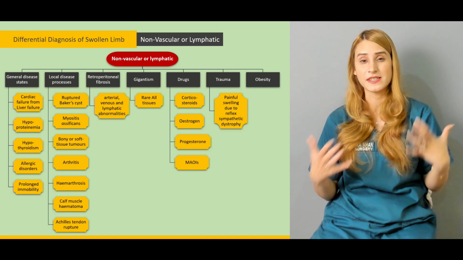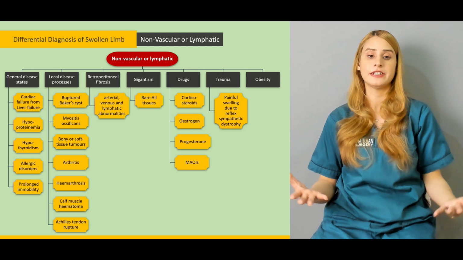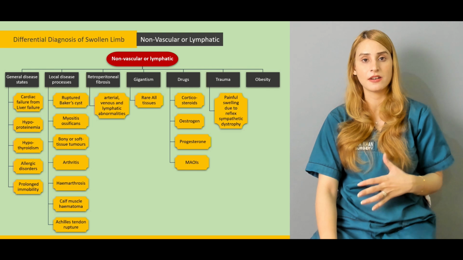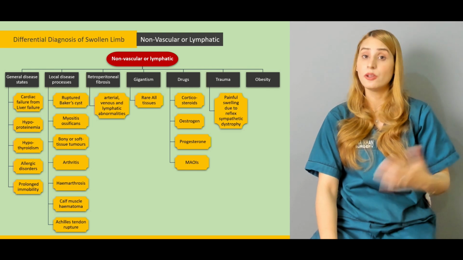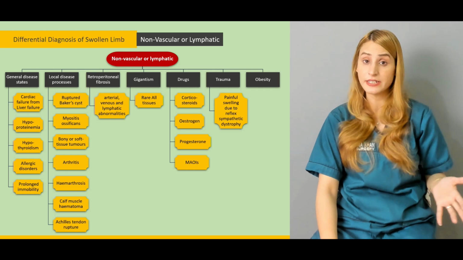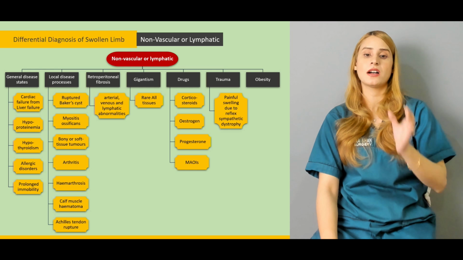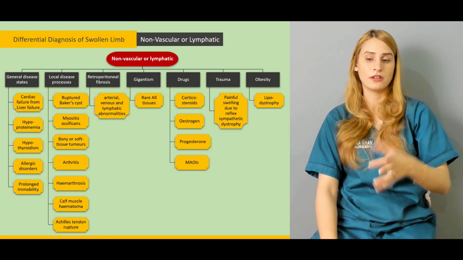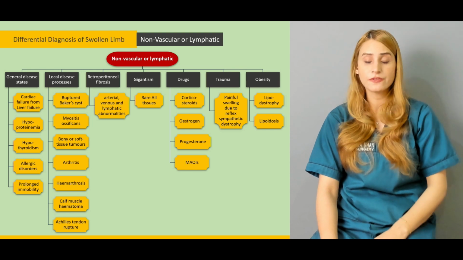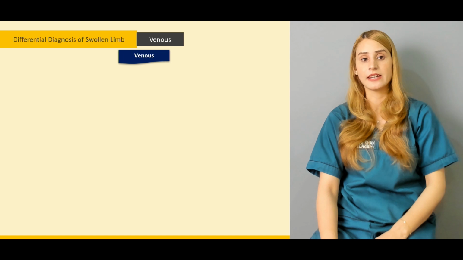The general causes are obviously renal failure, cardiac failure, liver failure, hypoproteinemia, hypothyroidism, allergic disorders, and prolonged immobility. Local diseases include cellulitis, ruptured Baker cyst, Achilles tendon rupture, arthritis, hemarthrosis, trauma, drugs, and gigantism. They should all come into your mind. Lipodystrophy and lipoidosis are also differential diagnoses.